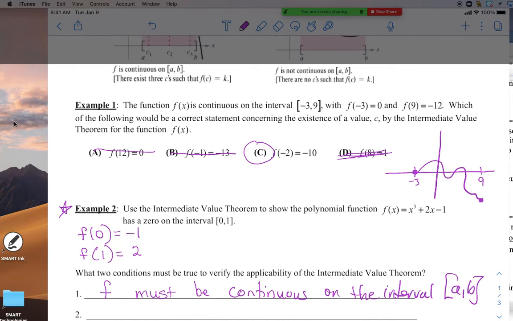And if this is free response, you have to state that your function is continuous. It is understood that all polynomials are continuous. So we would say f of x is continuous, and you don't have to defend that for a polynomial.